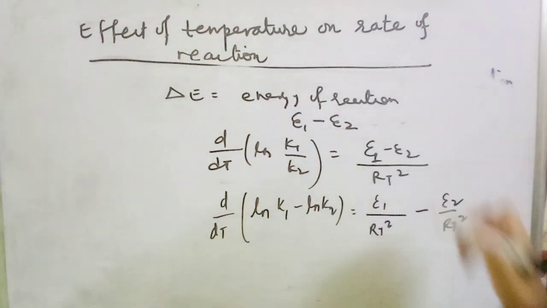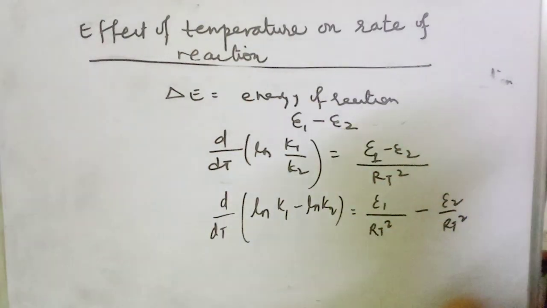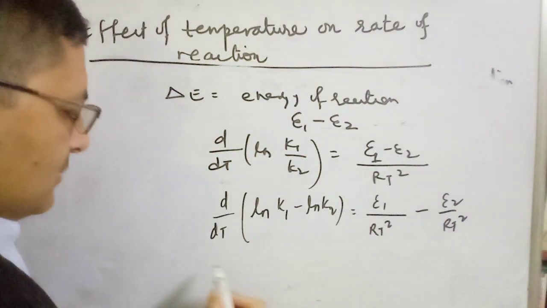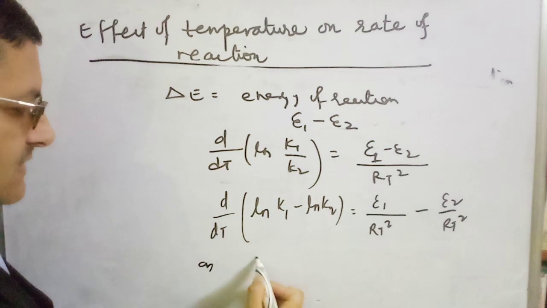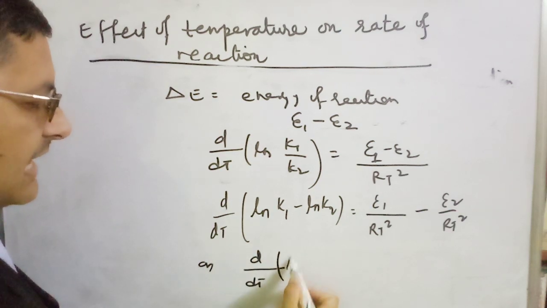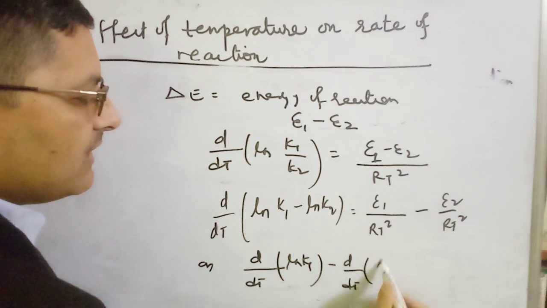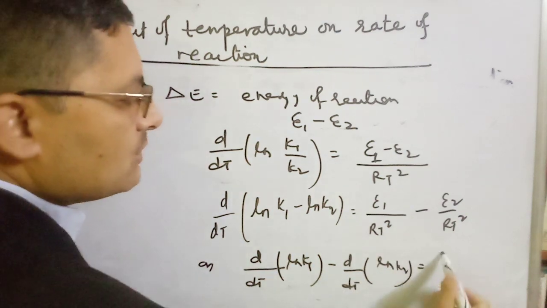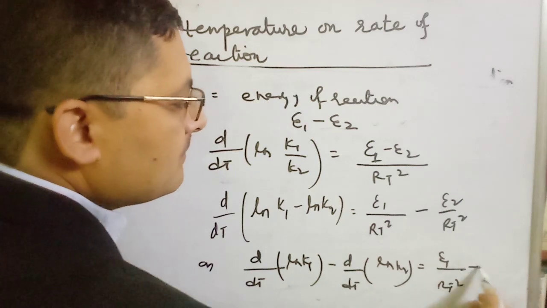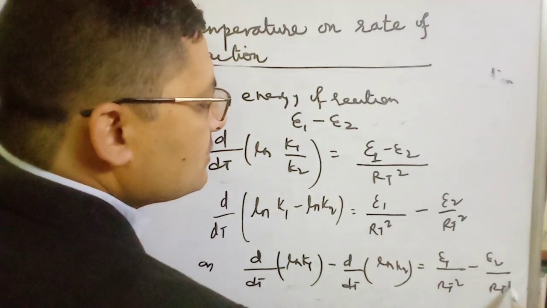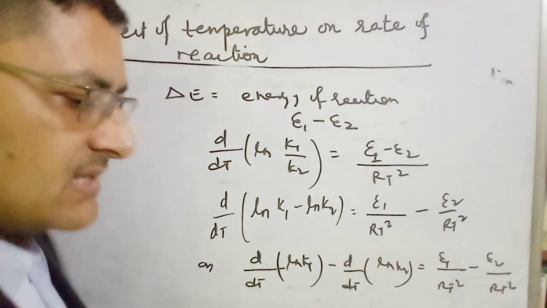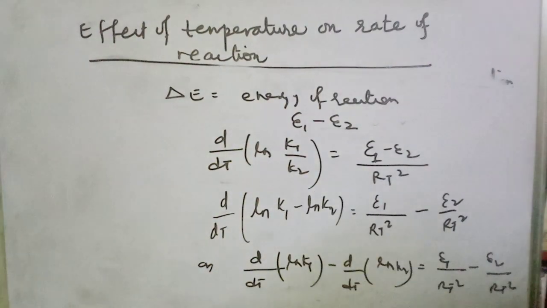This equation can be separated. So what can you write from here? d by dt of ln K1 minus d by dt of ln K2 equals E1 by RT square minus E2 by RT square.